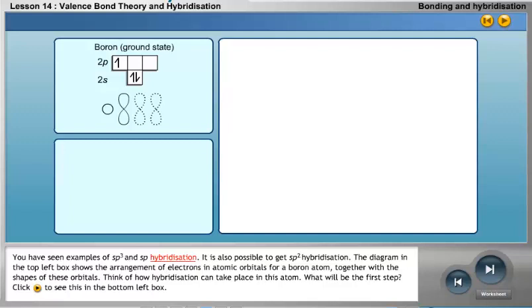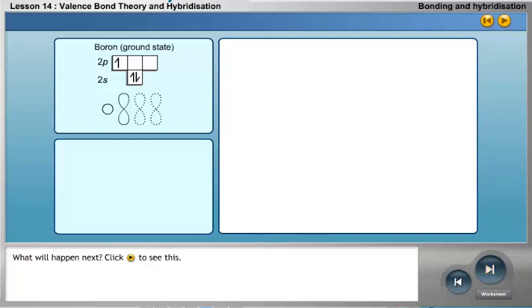Think of how hybridization can take place in this atom. What will be the first step? Click the forward button to see this in the bottom left box. What will happen next? Click the forward button to see this.